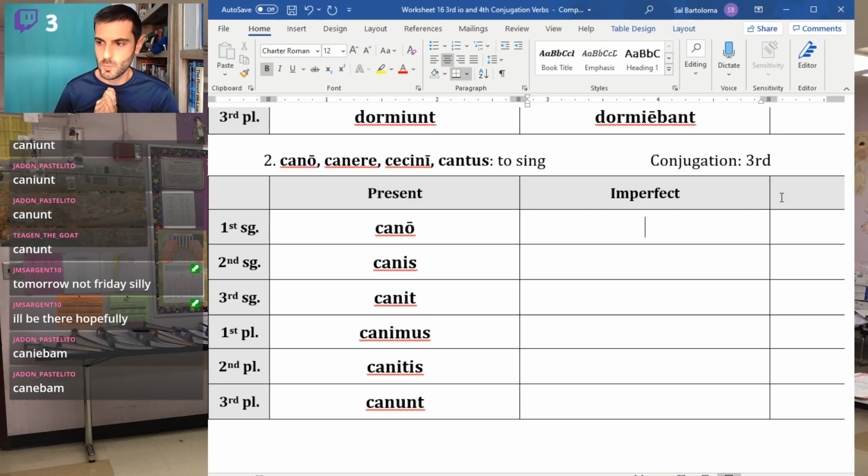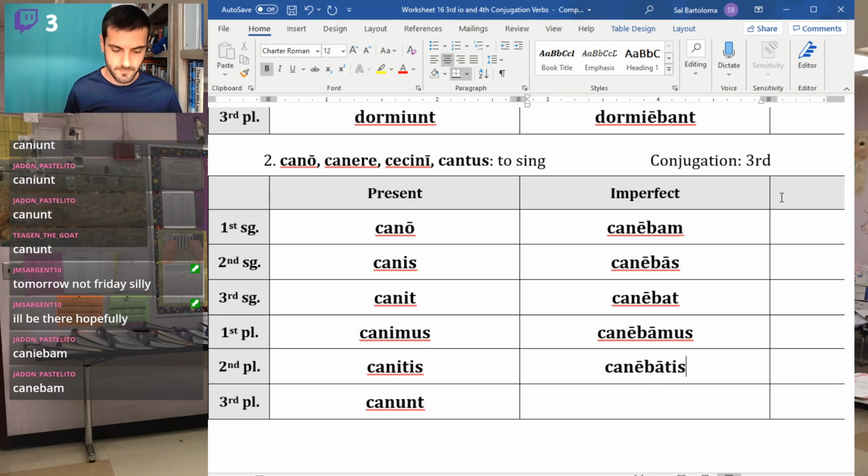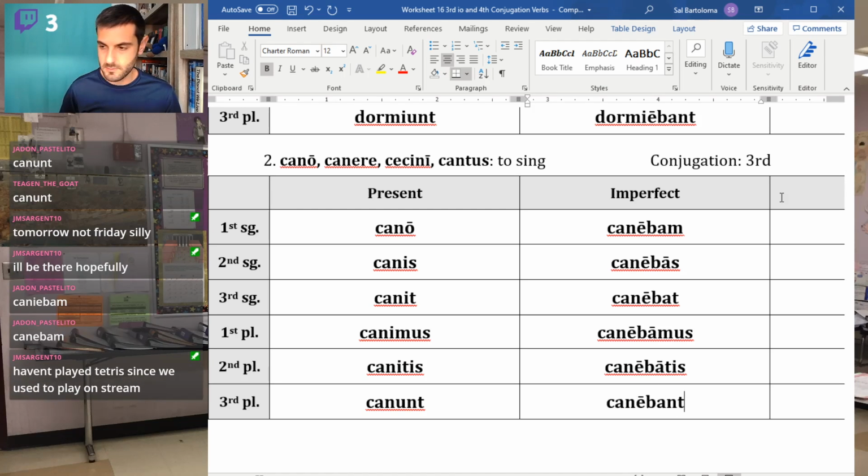If it's cano? Yeah. Canebam, canebas, canebat, canebamus, canebatis, canebant. Yeah, we're all going to be a little rusty, so that'll make it fun. So we only have the E before the bam spot because it's not IO.